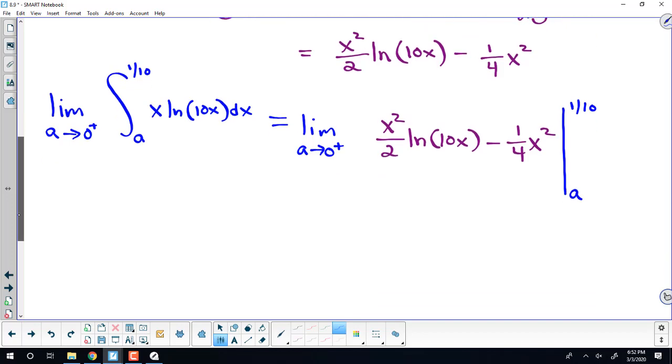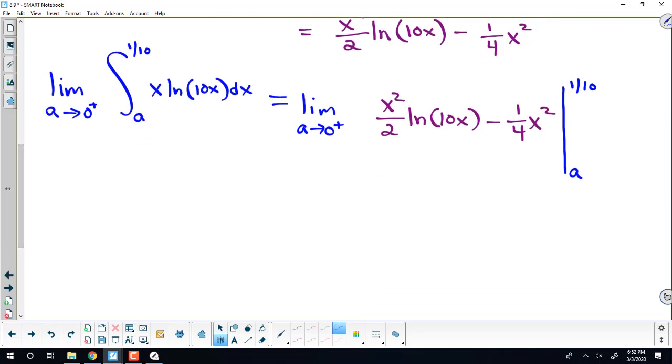All right, plugging in 1/10, we have 1 over 100 times 2 times the natural log of 1, minus 1 over 400.